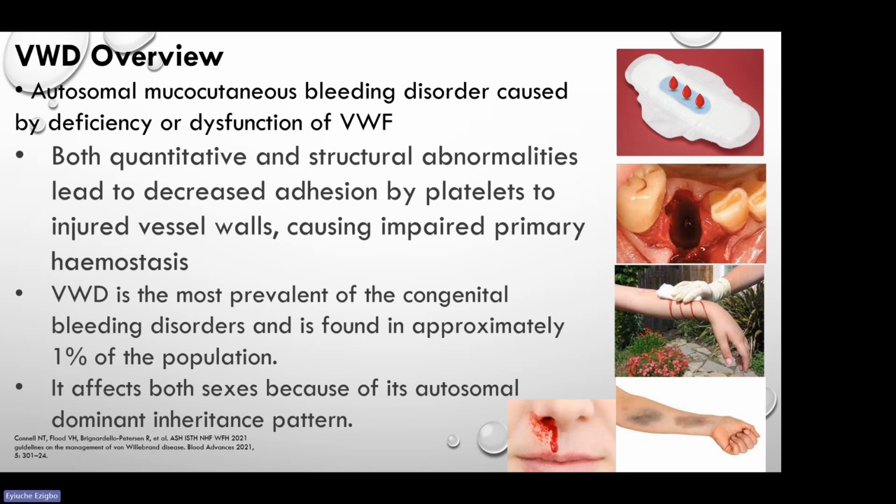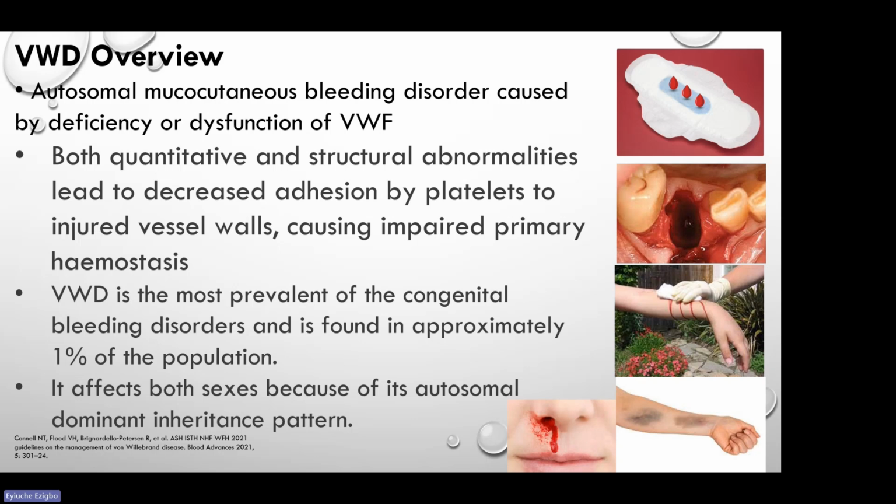So, as an overview, as a summary to describe what von Willebrand disease is all about: von Willebrand disease, we say, is an autosomal mucosal bleeding disorder caused by deficiency or dysfunction of von Willebrand factor. When you come to the first term we said here, autosomal mucosal bleeding disorder, you observe that it is classically different from hemophilia, which is a sex-linked bleeding disorder.